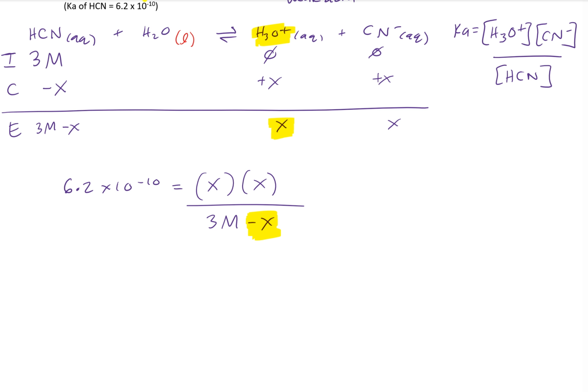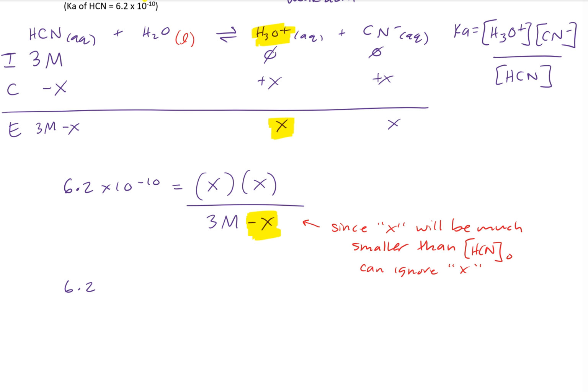So I'm going to make myself a little note here. Since X will be much smaller than the starting concentration of HCN, the initial, which was 3 molar, we are going to ignore that minus X. So this simplifies things a bit for us.